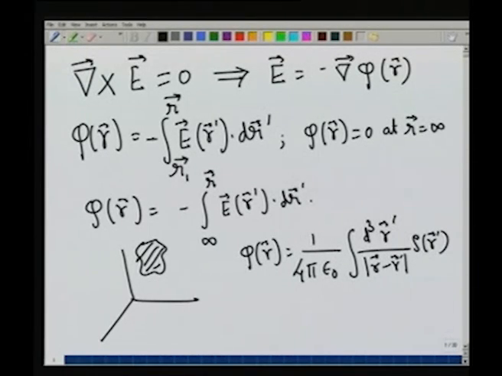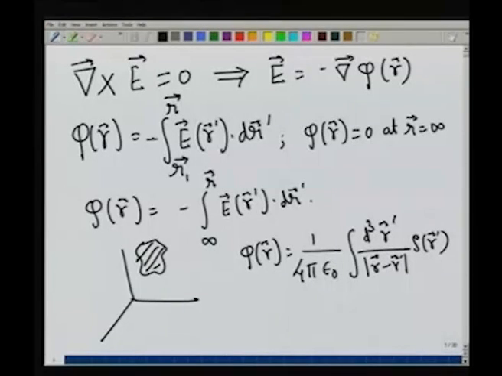So, it is essentially a matter of choice whether you want to determine the potential directly given the charge distribution, or determine the electric field and then perform this line integral. The point that I was trying to make at the end of my last lecture was that if you have a rather complicated charge distribution, for example, in this case, I did not specify the nature of the charge distribution.